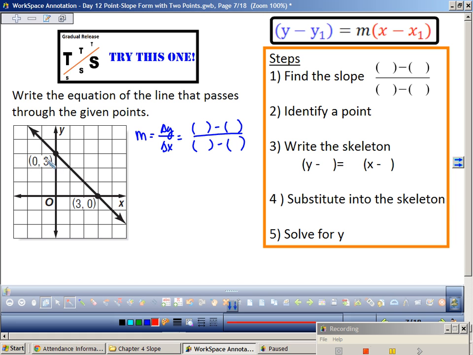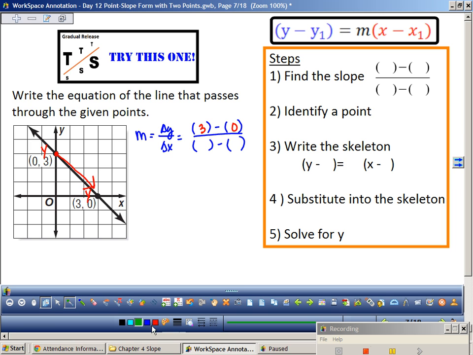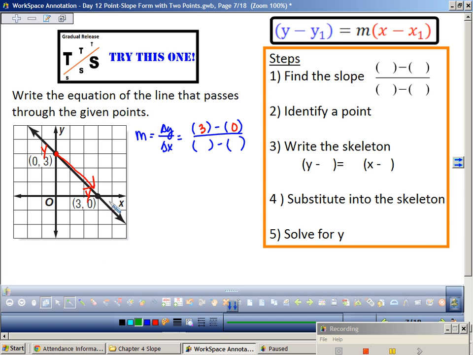This one? All right, so you went from here down here. So my y is 3, and my other y is 0. 3, 0. Now which one am I going to use? I started here and I went this direction. Right? So don't I have to start here and go in that direction again?